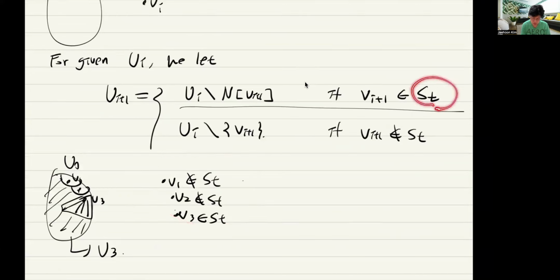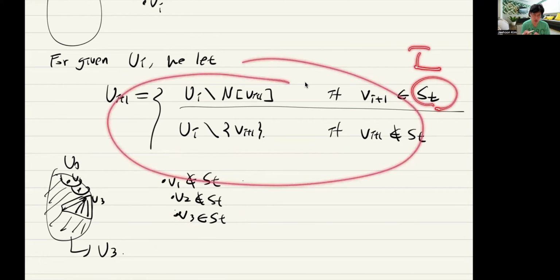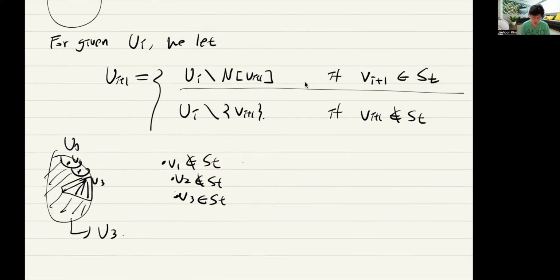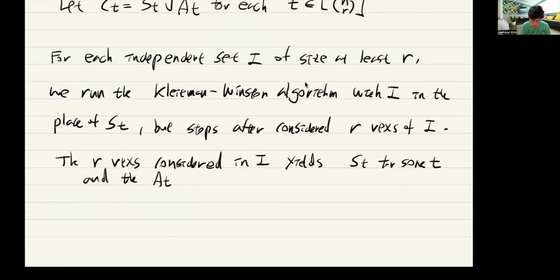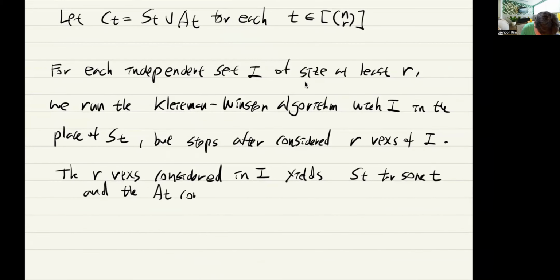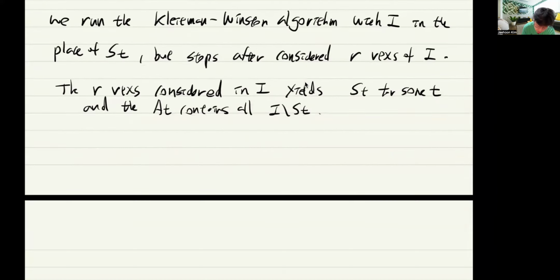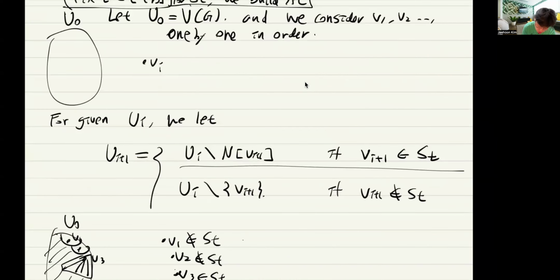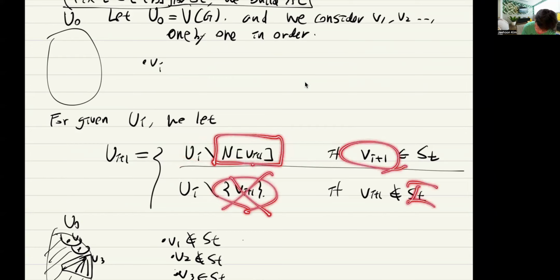So for this choice of FT and for this choice of R, this algorithm runs exactly the same way, so that the final set is the same, and this contains all vertices in the independent set that we have not considered yet, because we only shrink it in the way that if this is not in I, then this is deleted, and then all the neighbors of b_{i+1} are also not in I, because I is an independent set.